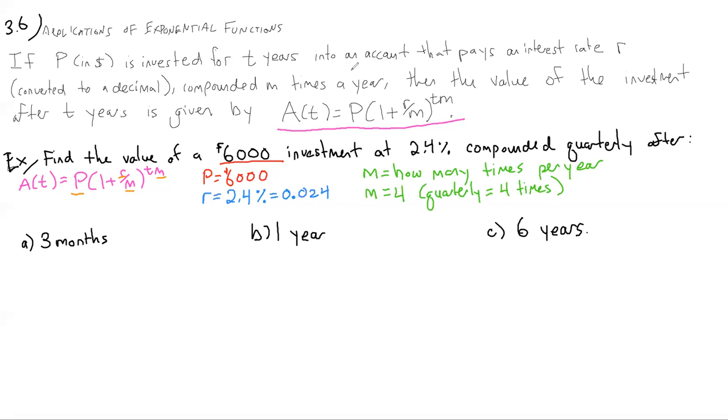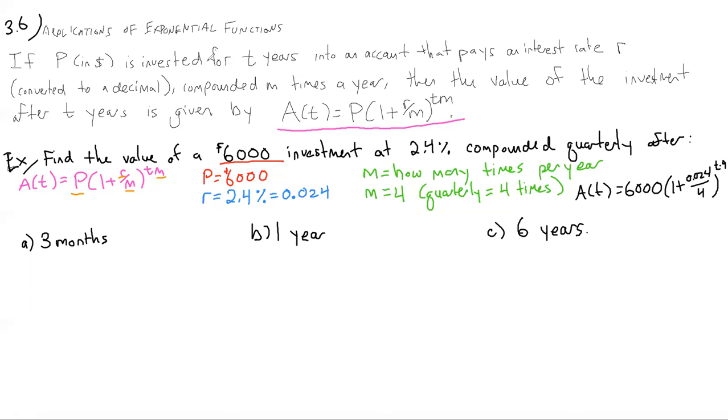We have everything we need for the formula, so we should be able to put it together. My A of t is going to be 6,000 times 1 plus, my r was 0.024, over m, which was 4, and then to the tm, so t times 4.